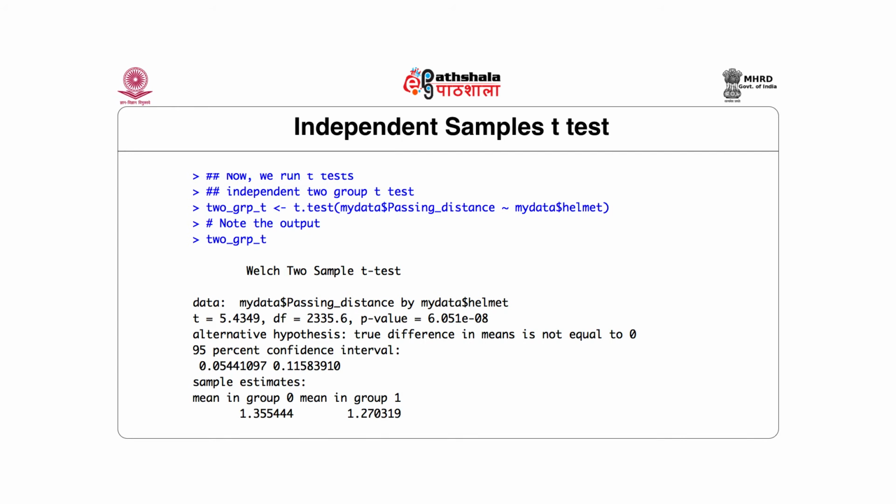So this categorical variable will have two groups.